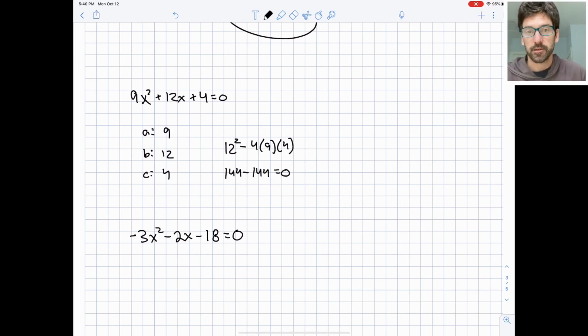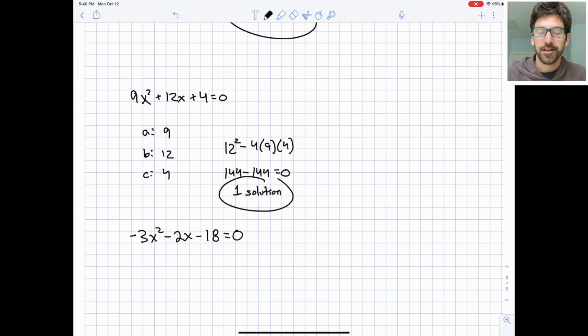So that equals 0. So the discriminant is equal to 0 in this case, so there will be exactly one solution. That doesn't mean the solution is 0. Just the discriminant is 0, so there will be one solution to the quadratic equation that may or may not be 0. It's probably not 0.